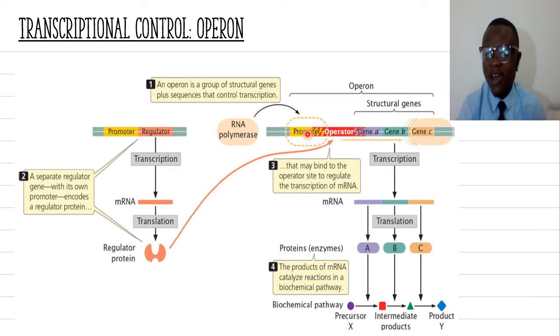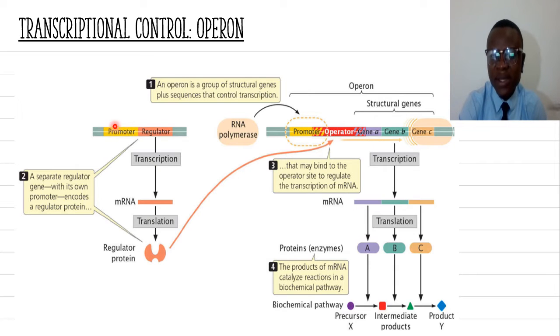Firstly here you have the promoter. You remember the promoter serves as the binding site for RNA polymerase. RNA polymerase binds to the promoter and carries out the process of transcription. Next, you look here, is the operator. The operator serves as the binding site for a regulatory protein. So how is the regulatory protein formed? You remember I told you that there is a regulatory gene that has its own promoter.